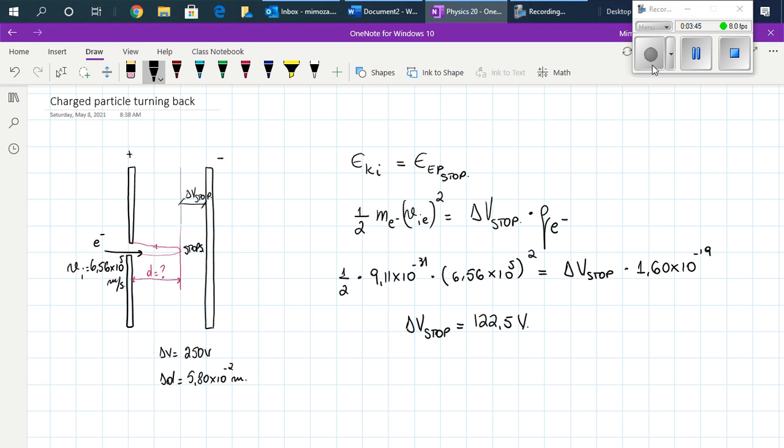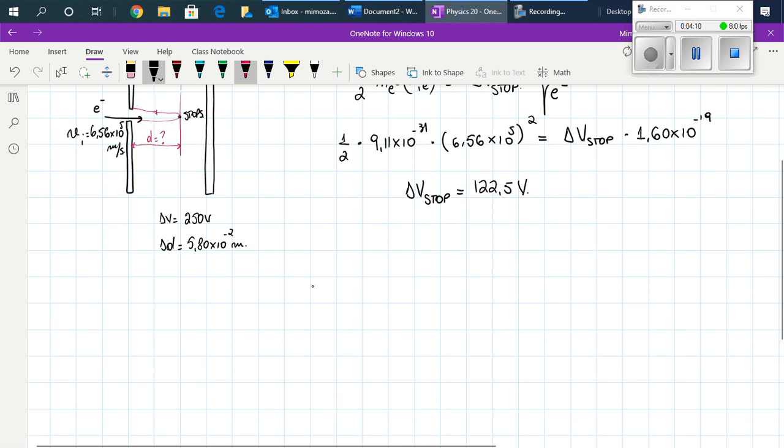So this number is telling us that the difference of voltage between the negative plate and the line that is parallel to the negative plate, at which the particle stops, is 122.5 volts.